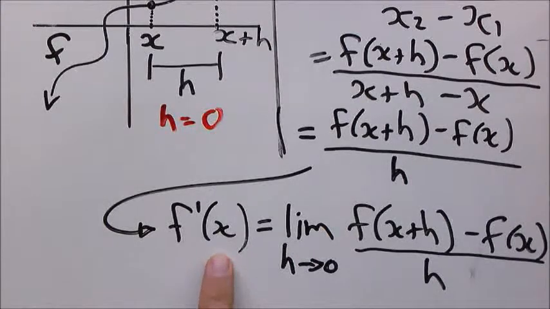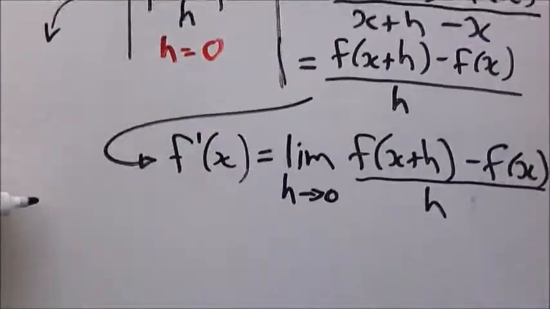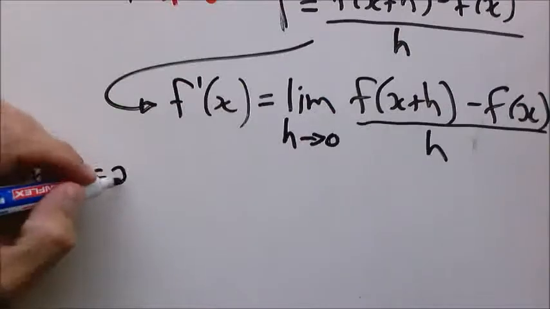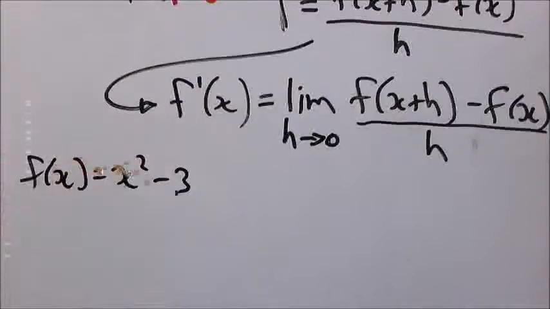Okay, so we are going to take the exact same equation as previously. We are going to say that f(x) is equal to x squared minus 3.